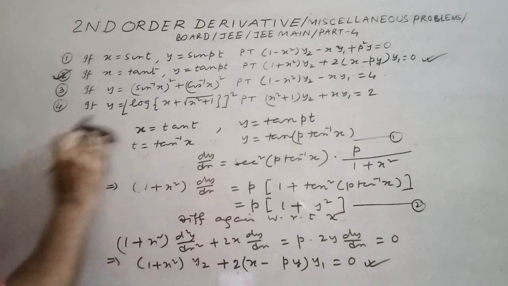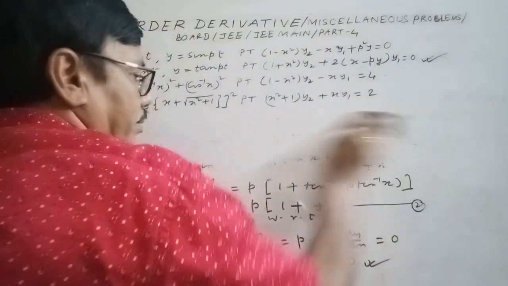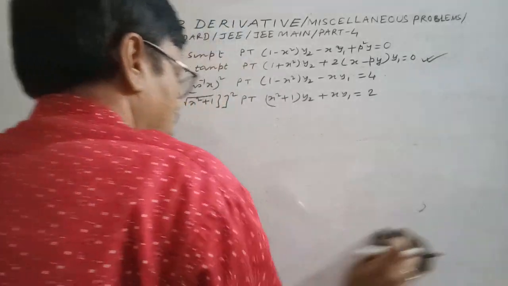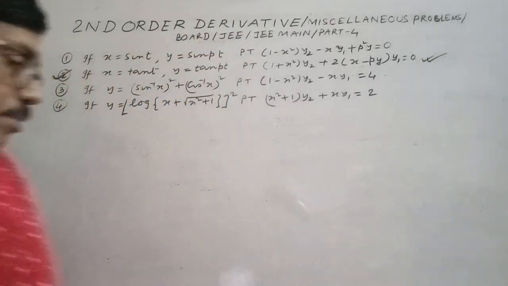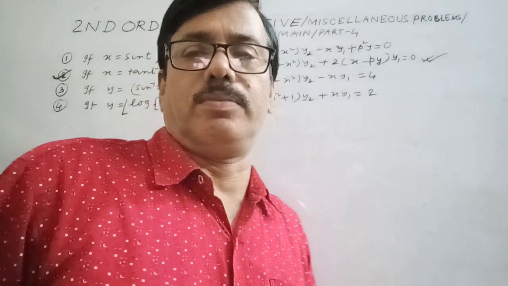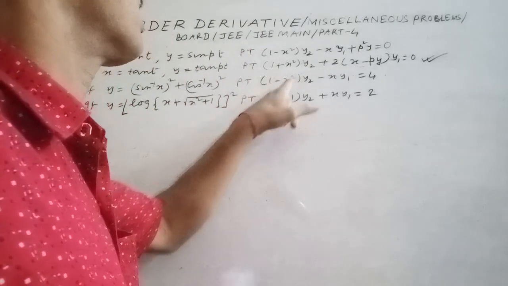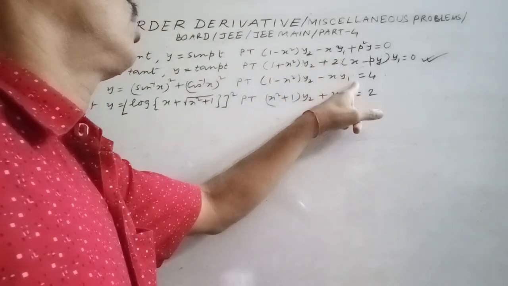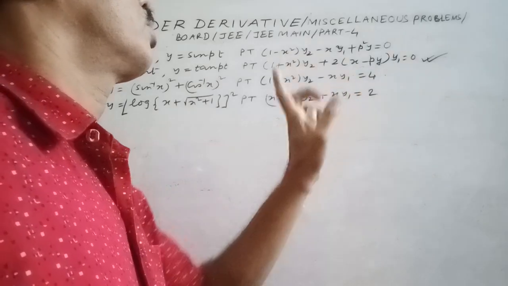Now problem number 3. This is from JEE Main, but look, in competitive exams it will be given in this form: the value of (1 minus x square) y2 minus x y1 equals, with options 4, minus 4, 2, 3.